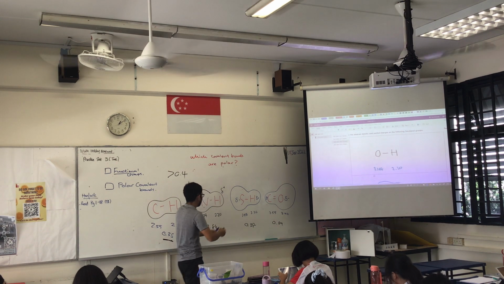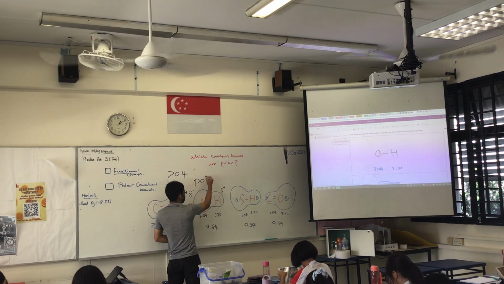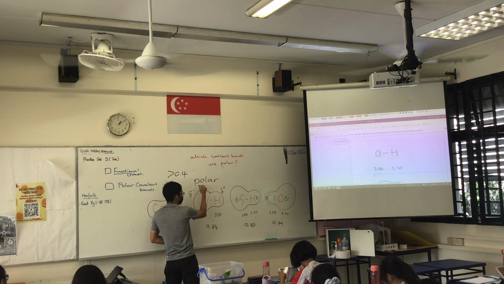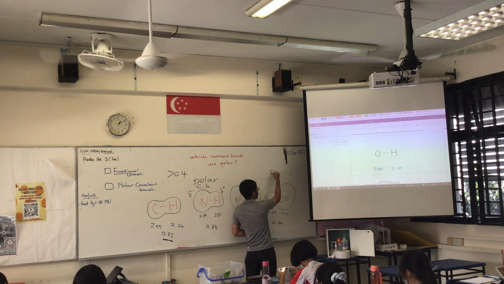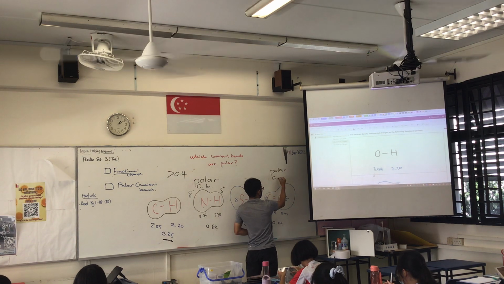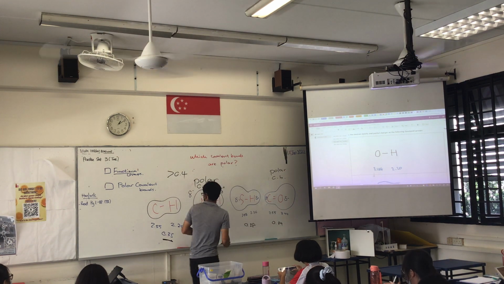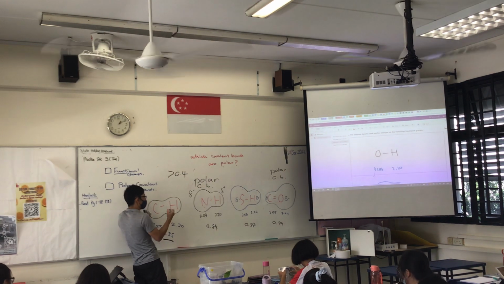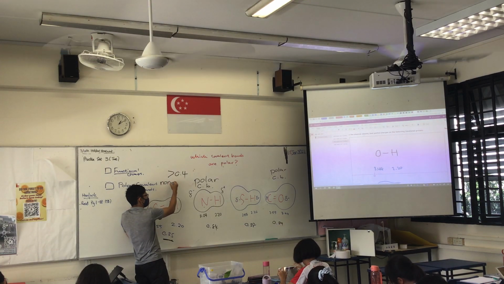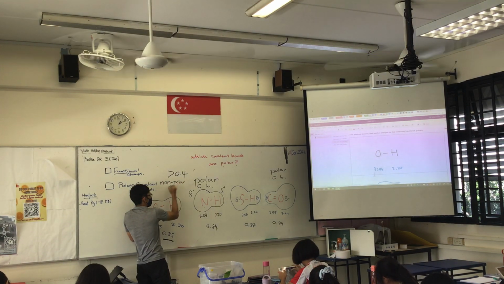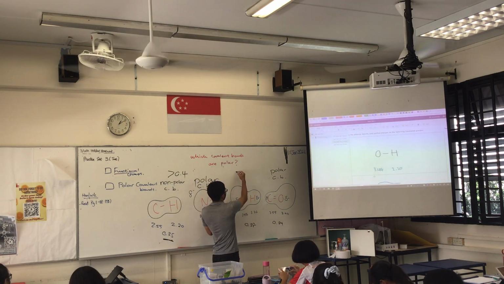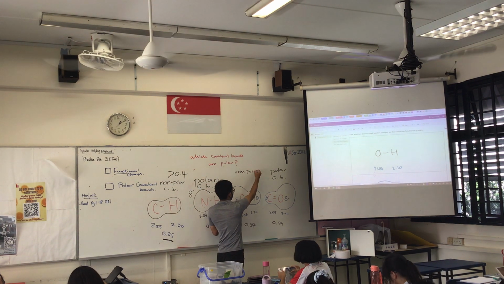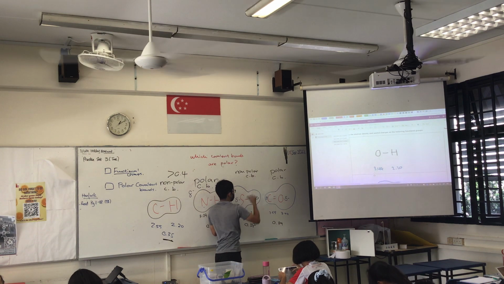So that means on this whiteboard here, nitrogen and hydrogen is a polar covalent bond. Carbon and oxygen, this is also a polar covalent bond. Carbon and hydrogen, when you see them bonded to each other, we refer to them as non-polar covalent bonds. Sulfur and hydrogen, non-polar covalent bonds.